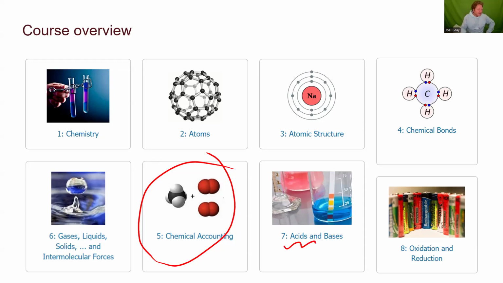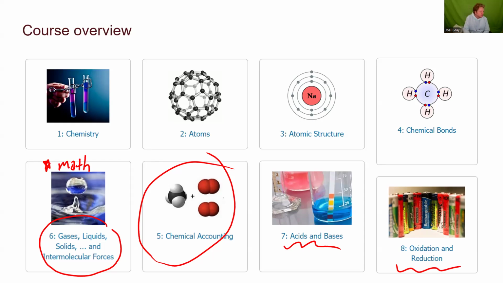Chapters seven and eight, we'll do those, but we're going to spend, all told, about 2.5 days on those two chapters. Chapter number five and chapter number six, I have those out of sequence because historically I've done them out of sequence. This semester we're going to go five, then six, so we're going to follow actual numbers. But the one thing that I want to stress about chapter number six is there's a little bit more math.